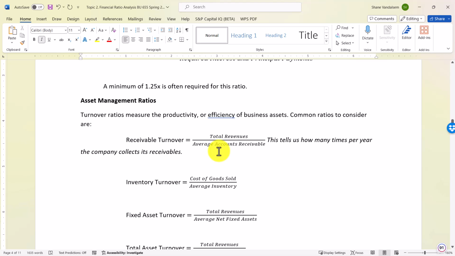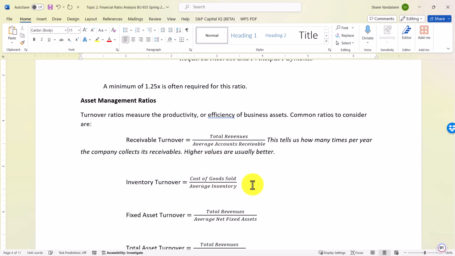Higher is usually better for this number because we don't like to see companies with a lot of receivables just sitting out there, so that they're collecting those receivables very quickly. We're going to actually look at a better number later on for this.